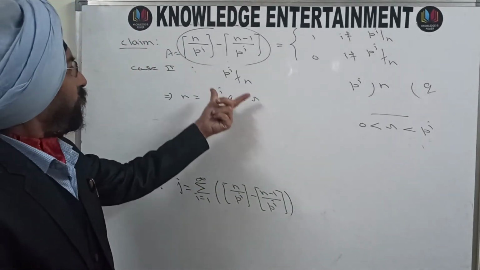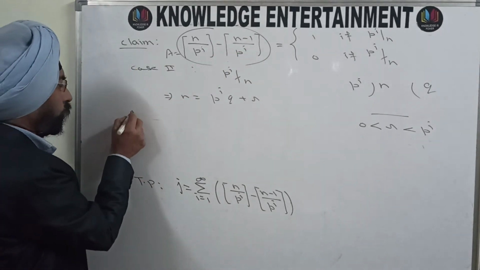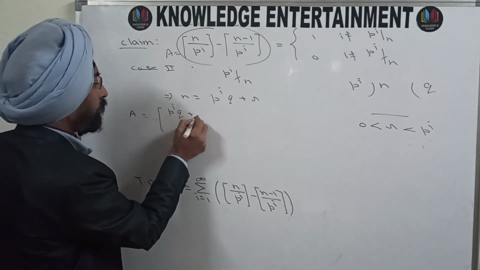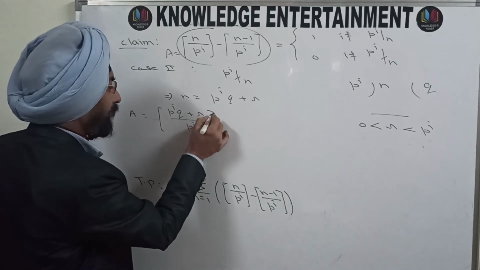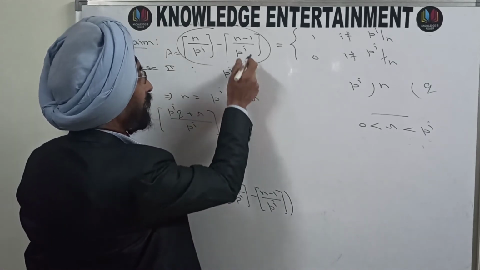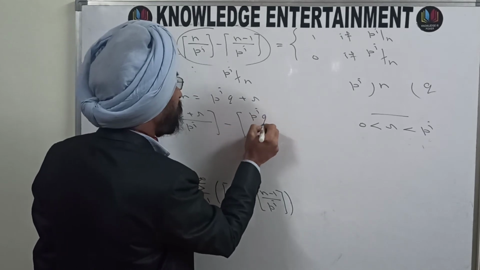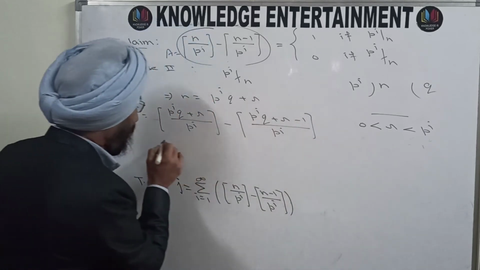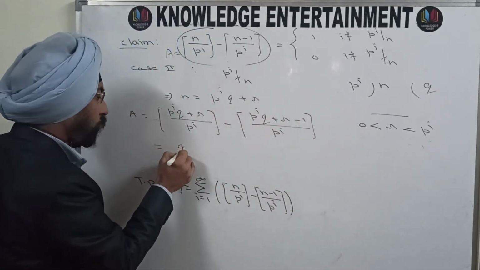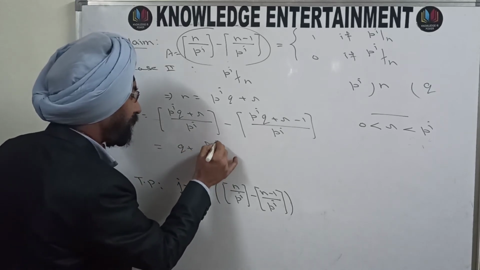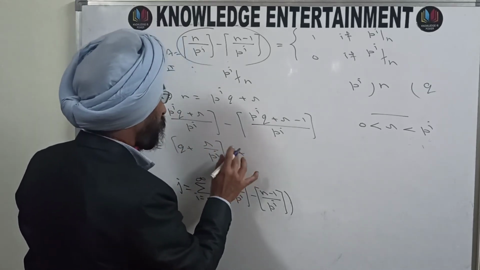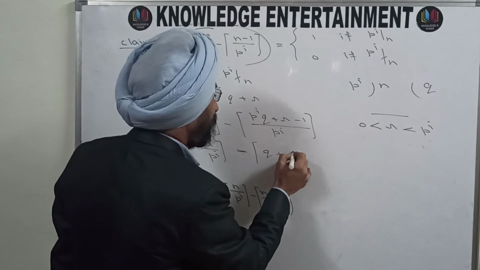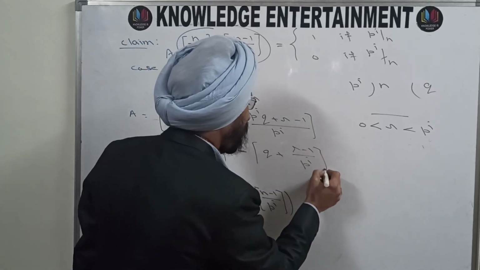Now substitute this value of n here. So what will the expression a be now? The expression a will become (p^i q plus r) over p raised to the power i minus (p^i q plus r minus 1) upon p raised to the power i, and separating, you will get q plus r upon p^i minus, q plus (r minus 1) upon p^i.